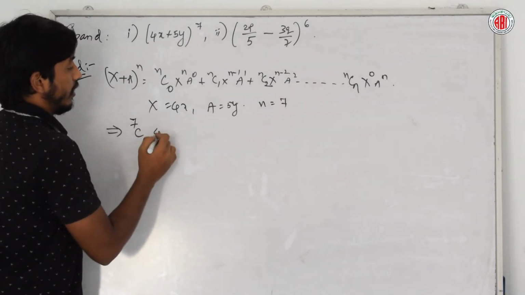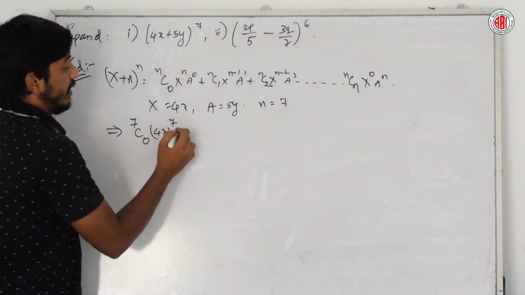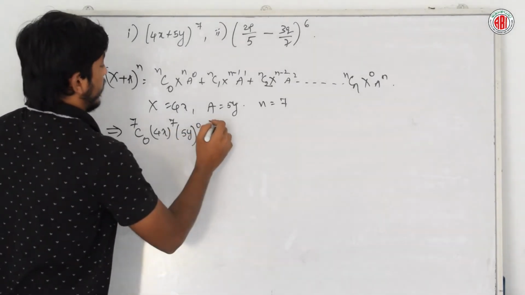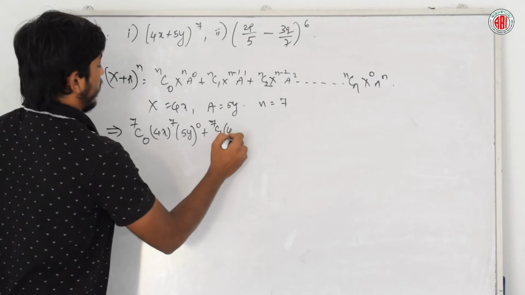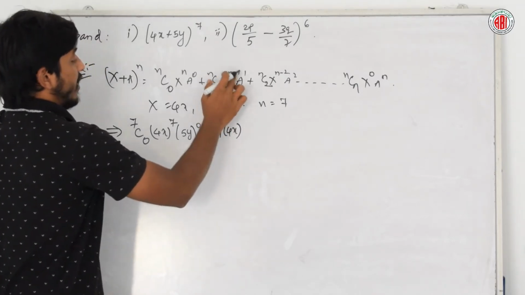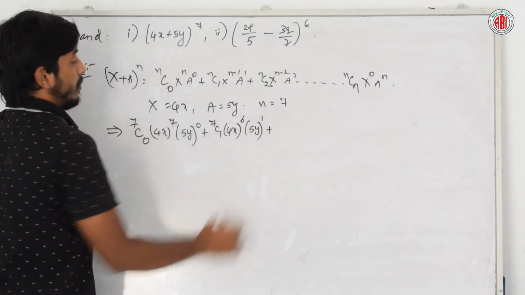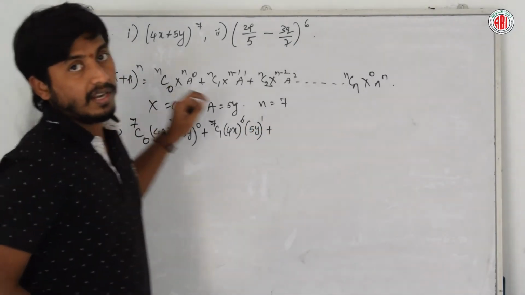7C0 (4x)^7 (5y)^0. Next 7C1 (4x)^(7-1), that is 7 minus 1 is 6, (5y)^1. Is it right?